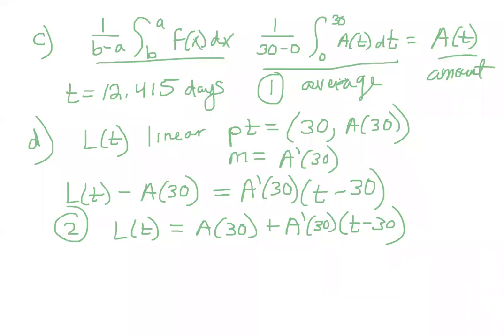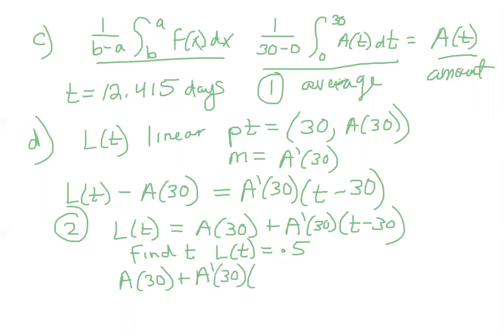Then it says, we're going to use this to predict the time. So that tells us we're looking for a t in which there will be 0.5 pounds of grass clippings remaining. So that means we're going to find t that makes L of t equal to 0.5. So we're going to take our linear approximation, and we're going to set it equal to 0.5.